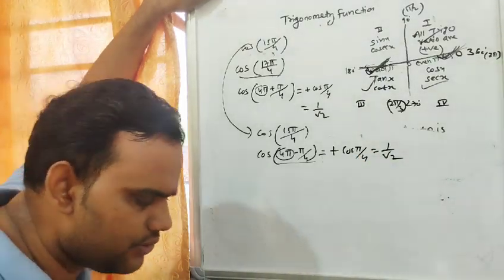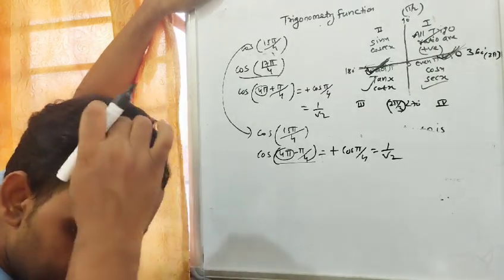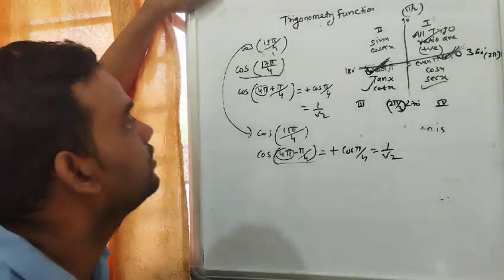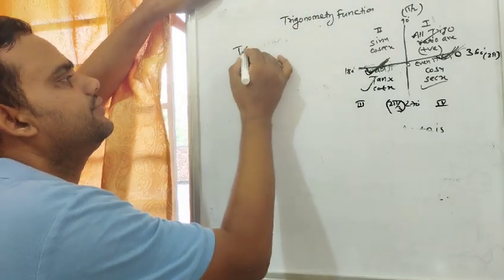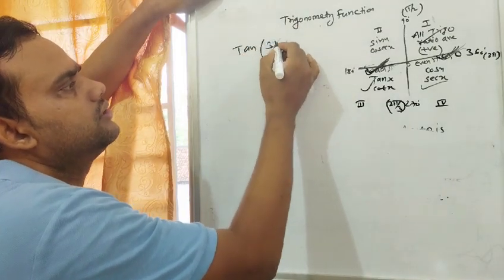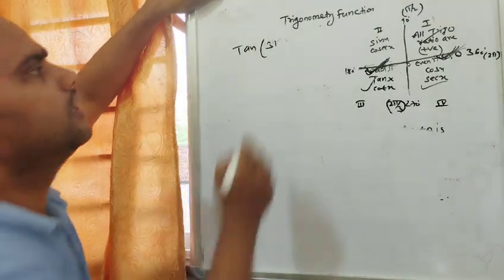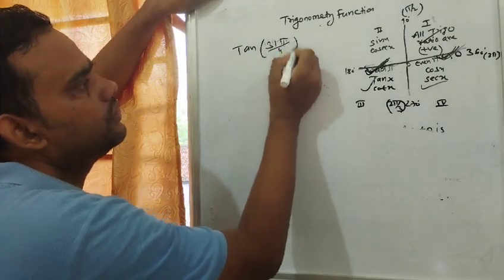Similarly, for any type of question, for example tan 31 pi by 4, how to do this?